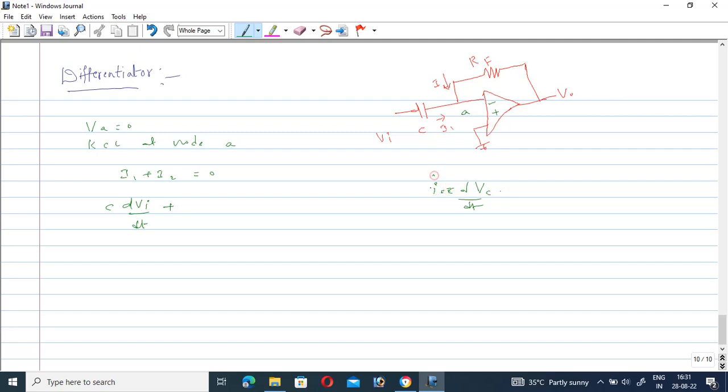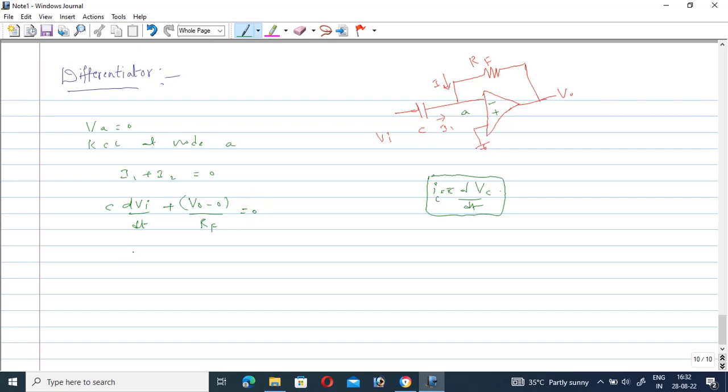This is the generalized formula for the capacitor current equation. And I2 is equal to the voltage difference, output voltage minus 0, divided by the feedback resistance, and the sum gives 0.